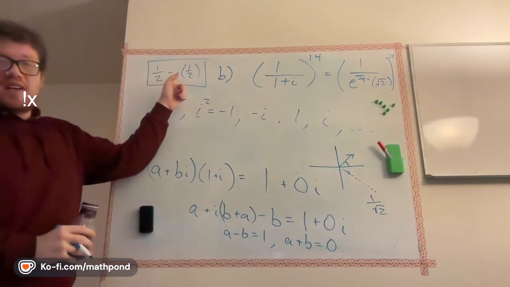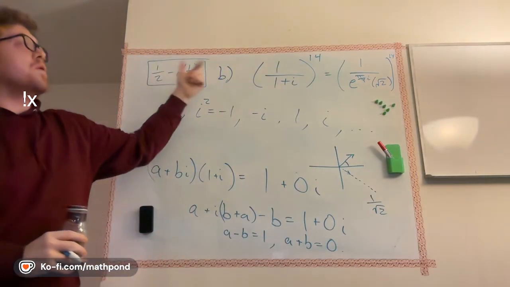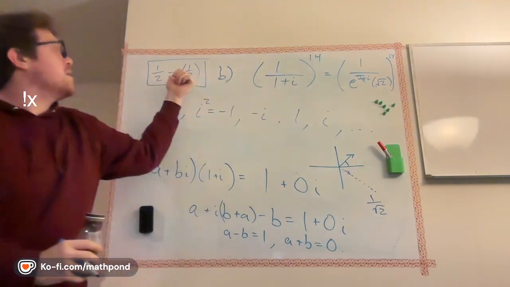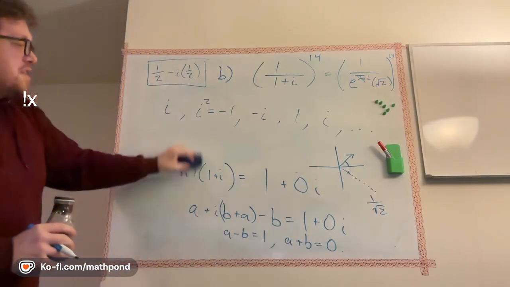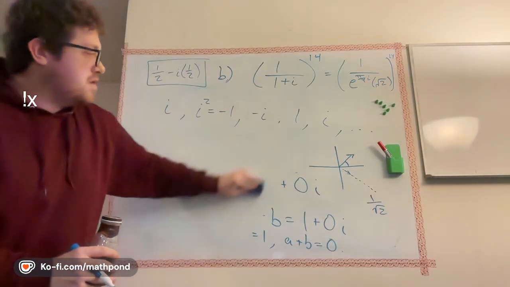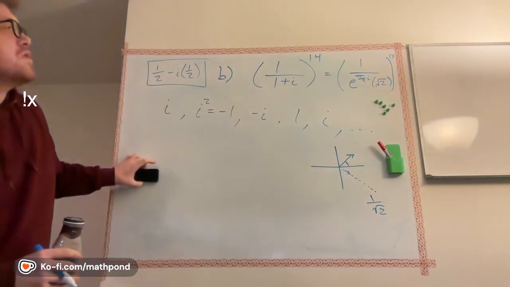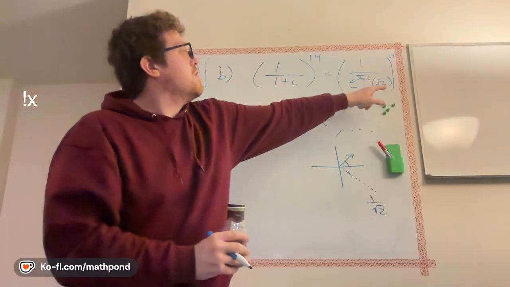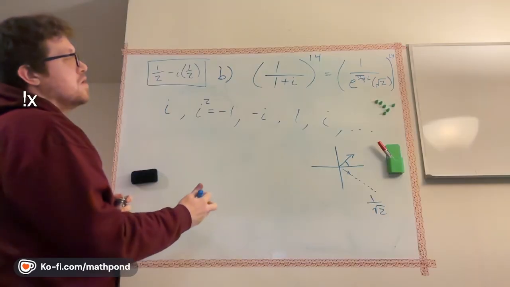That's essentially what I did here, but this would be the polar form of this. Or well, actually, once you do 1 over it, then it would be this. So yeah, this way is probably longer. You could do it this way too, but that's not necessary. So it's 1 over square root of 2. Right.